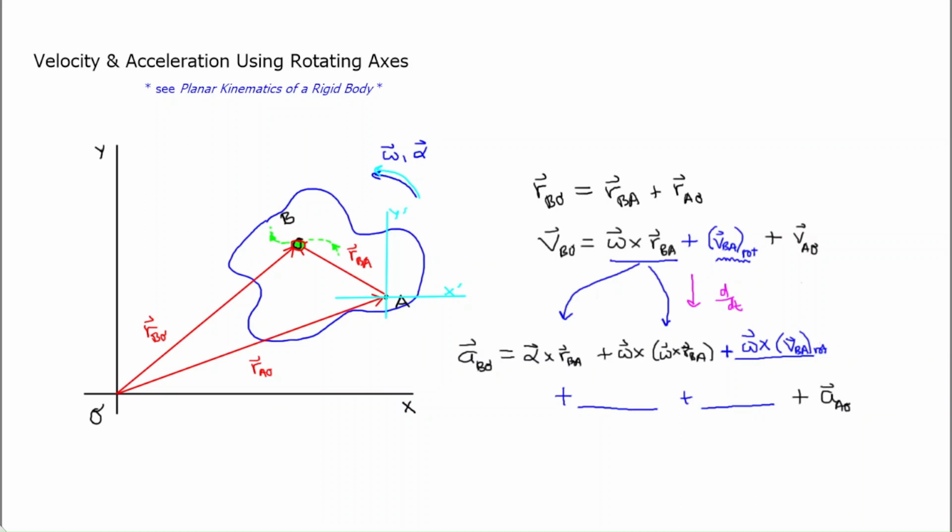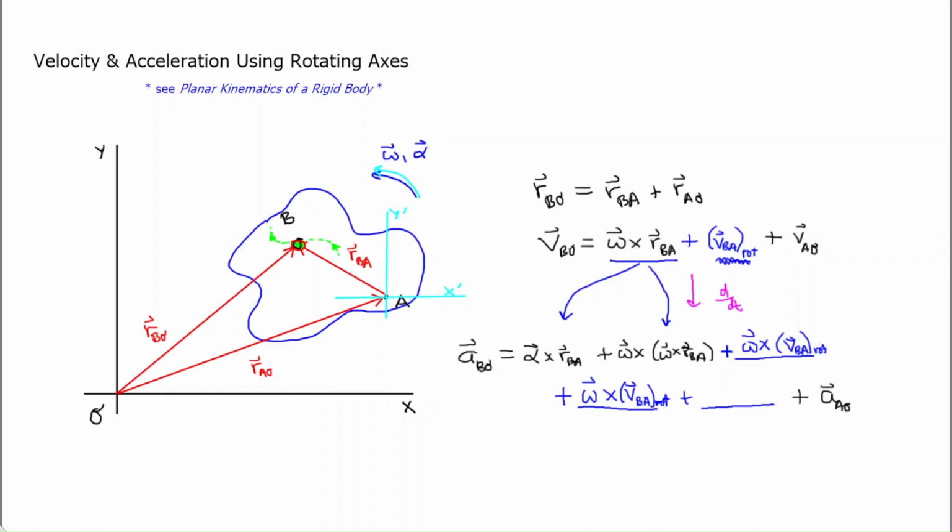Now, moving along to taking derivatives of this thing, velocity BA in the rotating frame. Well, it's in the rotating frame, so its derivative can be thought of as a cross product: omega cross V_BA in the rotating frame. But one more thing is the actual motion of this thing in the rotating frame.